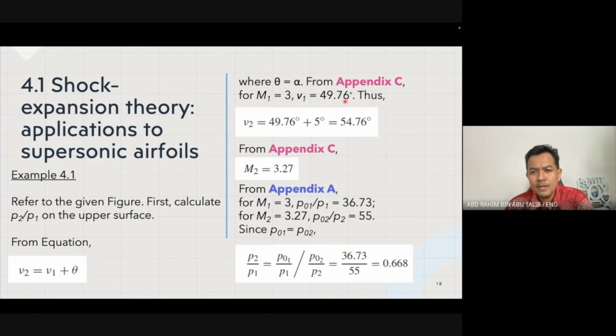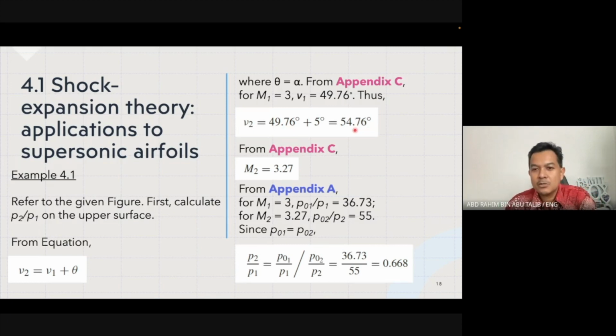So using this equation, you know already V1 equals 49.76 degrees based on Appendix C at Mach number equal to 3. Then you add the angle of attack alpha, which is now equal to theta over here, which is 5 degrees.